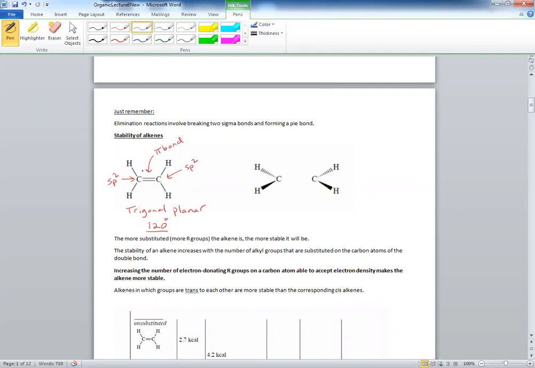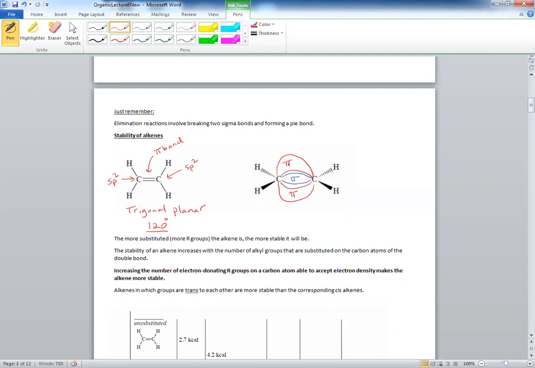Within the double bond, you have a sigma bond. So that's the sigma bond right there. And then, of course, outside of that is the pi bond. This doesn't look like two pi bonds.